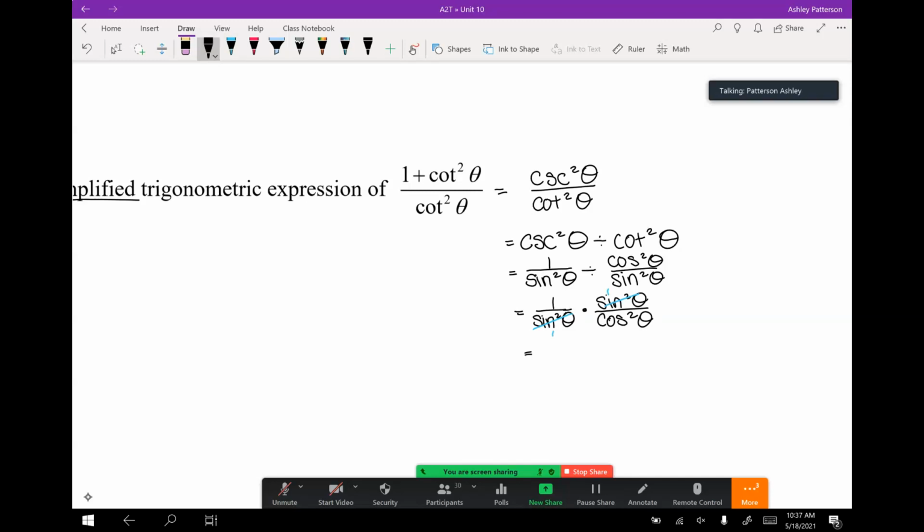And we're left with 1 over cosine squared theta when we multiply across. But this is not simplified because 1 over cosine squared theta is an identity, right? It's the reciprocal identity. So in simplified form, it would be secant squared theta. Right? And that's our final answer.